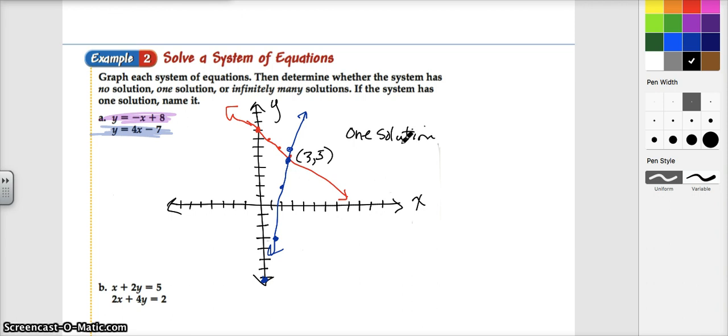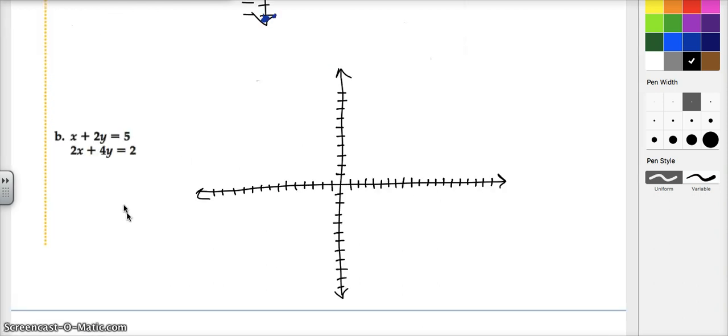Let's see if we can try this other guy. Since I'm required to graph these guys, I'm going to solve for y with each of these equations. So I get 2y, subtracting x on both sides, is equal to negative x plus 5, and then I'm going to divide both sides by 2, and I get y equals negative 1/2 x plus 5/2.